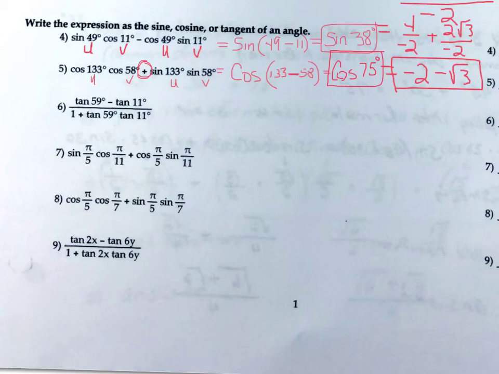What about for number 6? That's supposed to be what? Would that be sine, cosine, or tangent? That's tangent. So tangent of plus or minus in the middle. It's a minus.